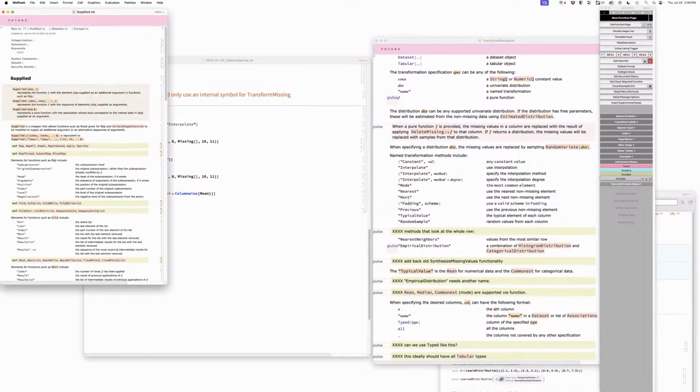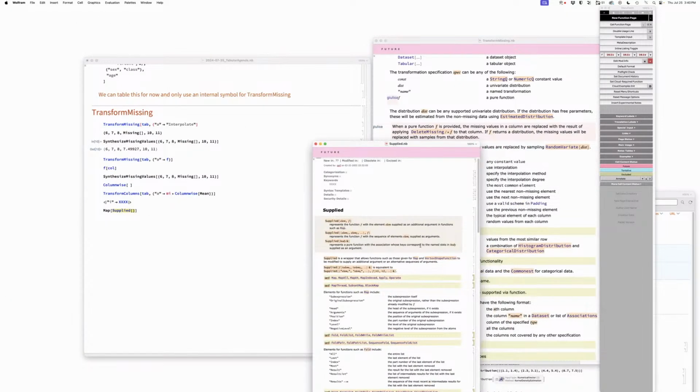Let's look at supplied again. So for example, we say supplied index of F. Oh no, I see.